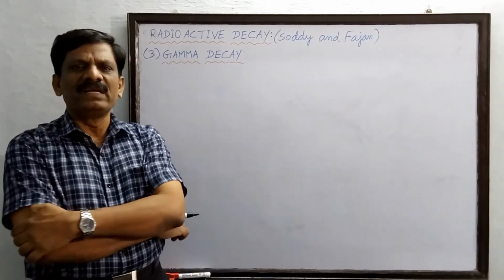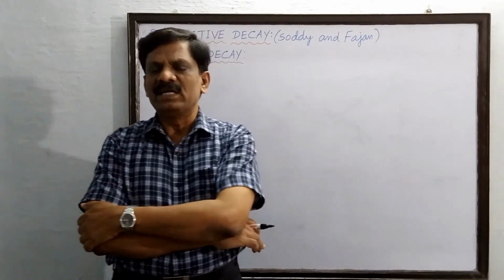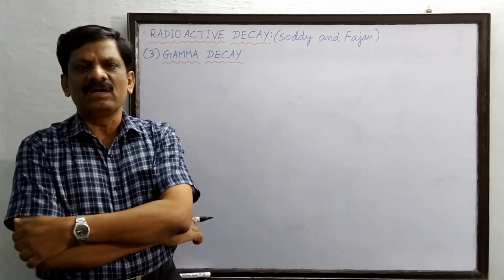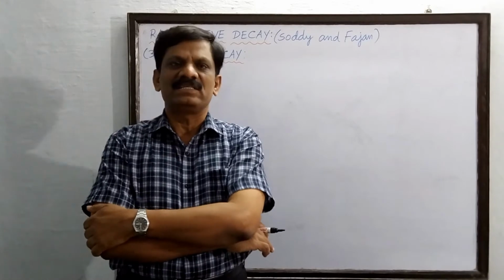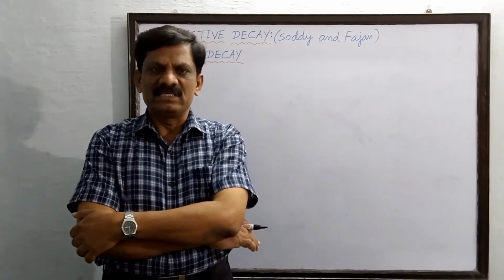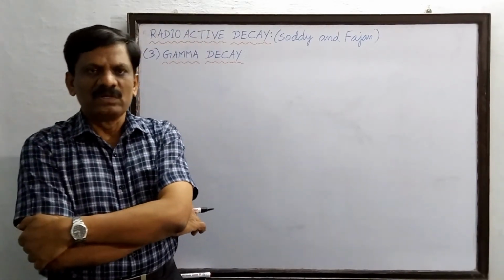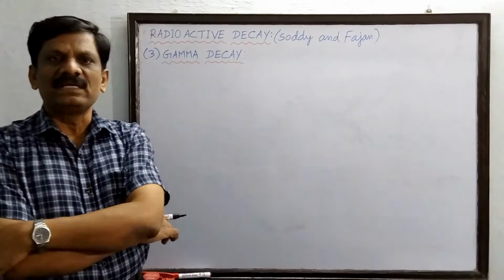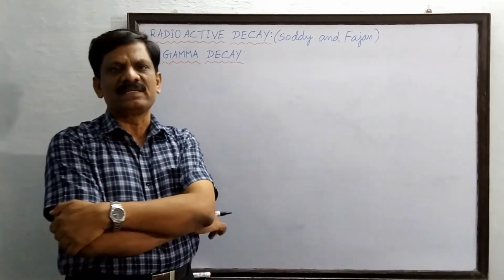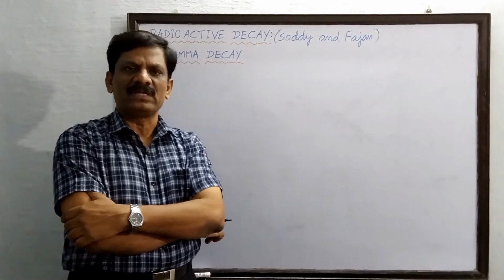Mostly when a parent nucleus emits either alpha or beta, the newly formed daughter nucleus will be in the excited state and it will try to return to the ground state, during which gamma ray photons are emitted. So gamma decay is always a follow-up process after a beta decay or alpha decay, mostly beta decay.